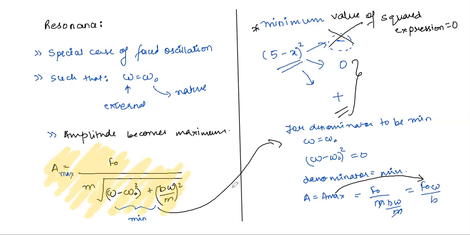How did we get here, that A max is equal to F naught omega by b? Could you understand this well? So it's F naught by b omega, right? So how is it F naught omega by b? Yeah, I think we had written it down here.